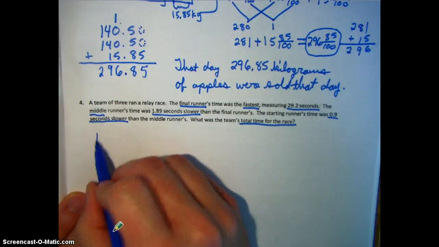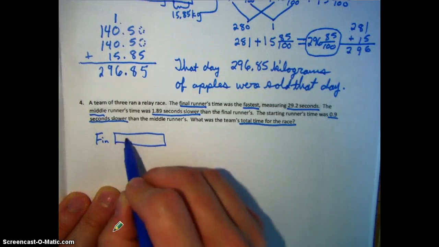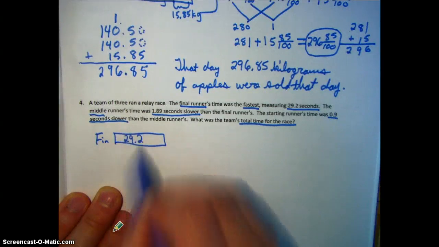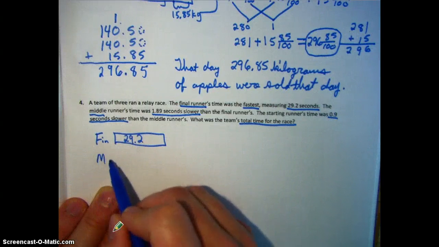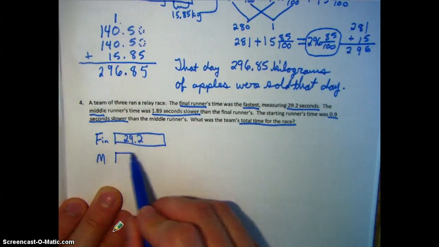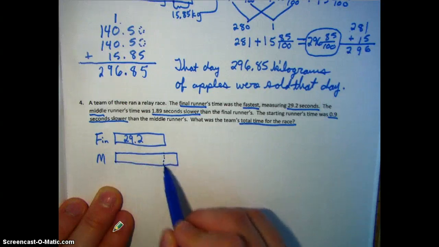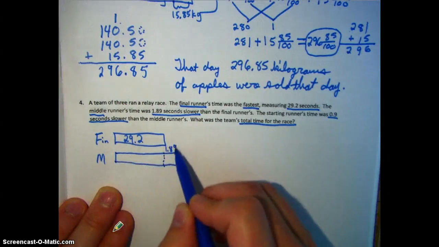So we have the final runner, okay, was 29 and 2 tenths seconds. Okay, we have the middle runner. Now this is where it gets a little bit tricky because the middle runner ran slower, which means their time is going to be longer. Okay, and we would put that in there.